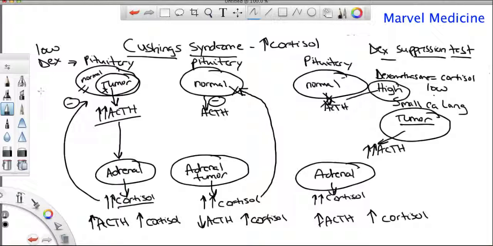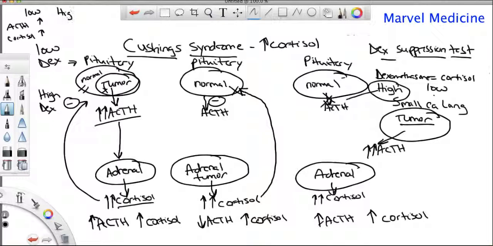Now, what if I give high-dose dexamethasone? With high-dose dexamethasone, this will actually be inhibited. With high dose, it will be suppressed. That's the difference. So what they'll give you is maybe a table, and they'll say, low dose dexamethasone. What happened? ACTH and cortisol, high and high.